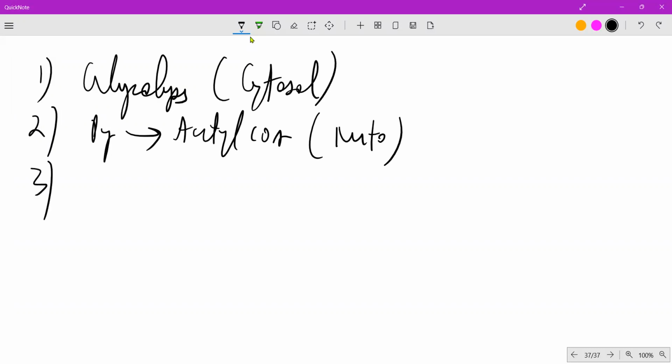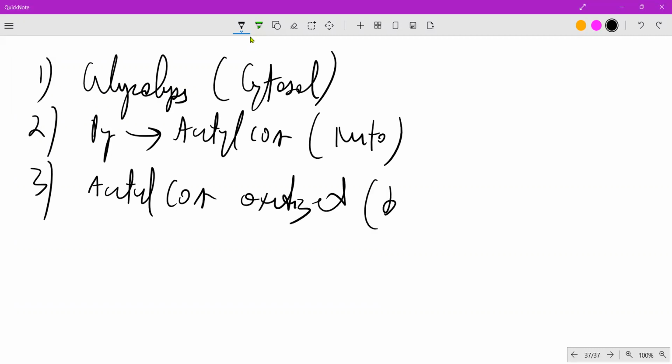Third part involves what? In the third part, ये जो acetyl CoA है, this acetyl CoA is oxidized. This is to be oxidized, मतलब broken down. Large amount of energy is released. Energy would be released when it is oxidized.